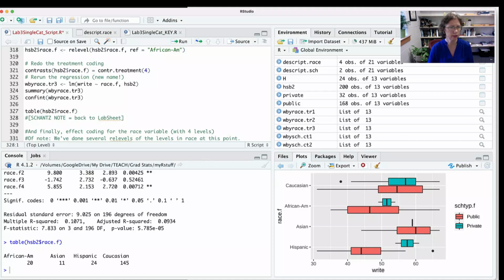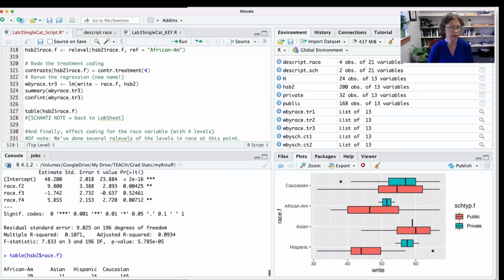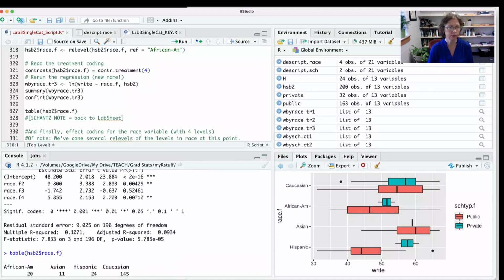So here's Asian as the second level. So that's the comparison between African American and Asian. Here's our comparison between Hispanic and African American, which we already had from a prior one. And here's the one we really needed, Caucasian, the comparison between Caucasian and African American, because we had the other values from the prior regression runs.